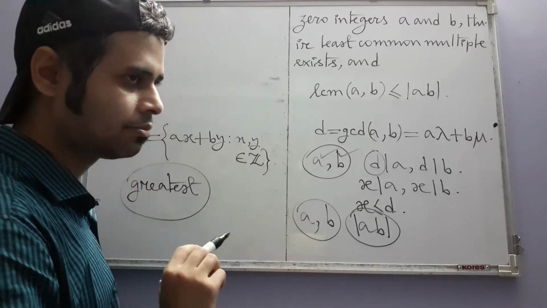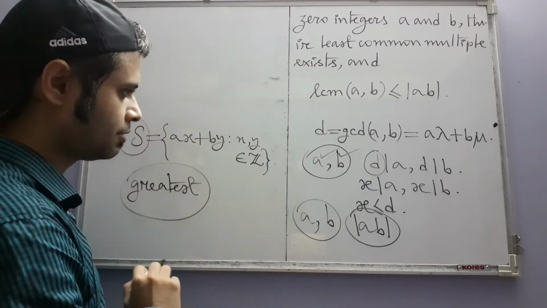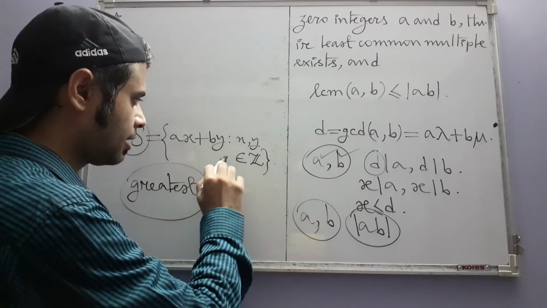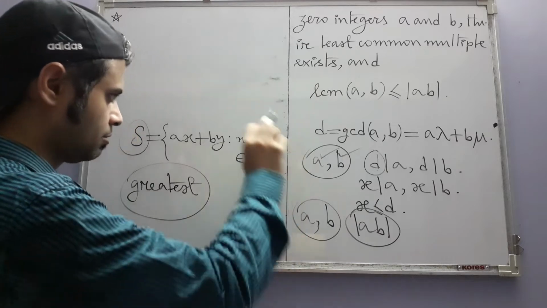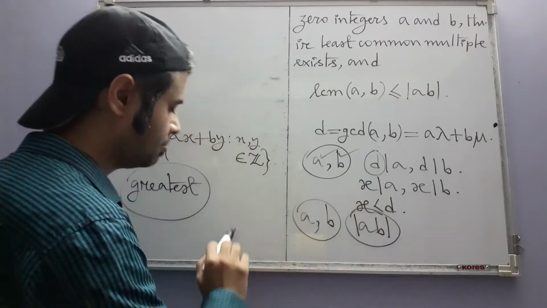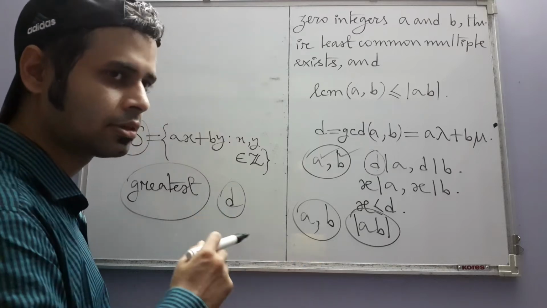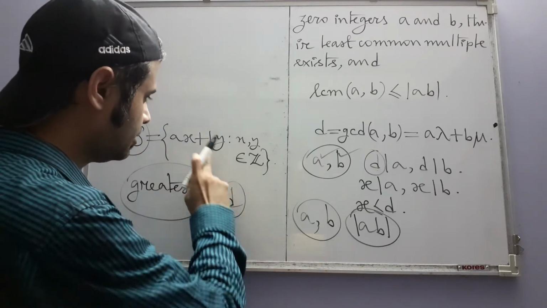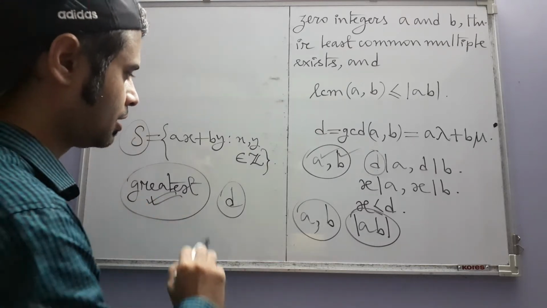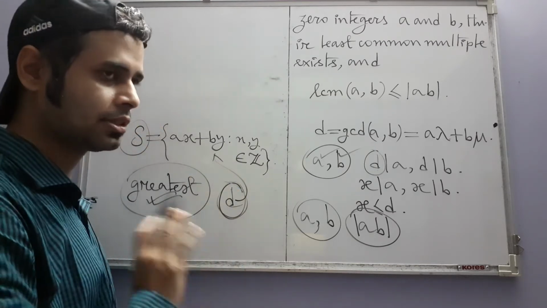Using the fact that at least one of A and B is non-zero, we first showed that S has a positive integer, and then again we used the well ordering principle, and that allows us to conclude that the subset of this set consisting of the positive elements has a smallest element D, and that smallest element then we show turns out to be the GCD of A and B. So on one hand we are saying that it's the greatest of something, but in the proof we are getting it as the least element of some set.